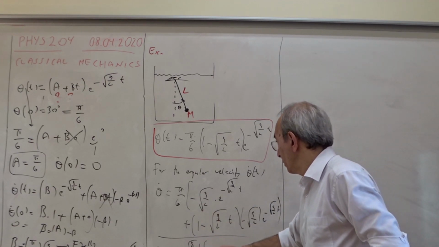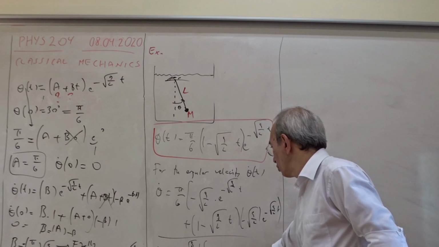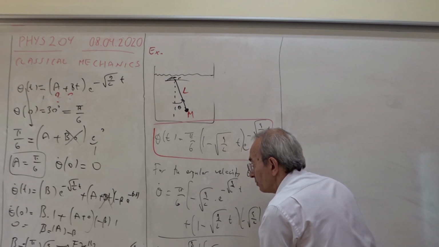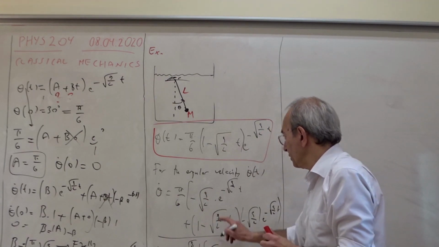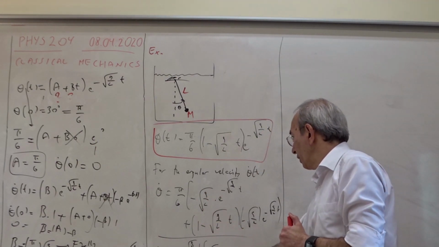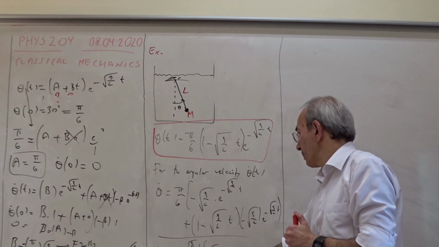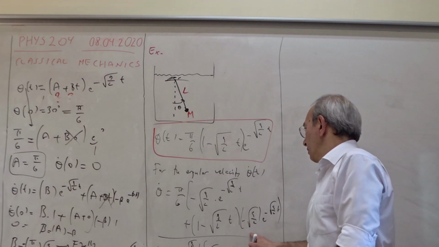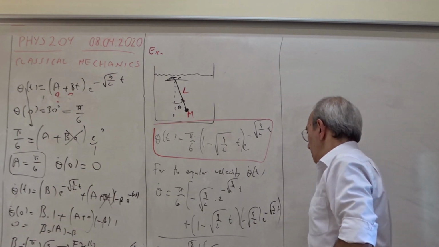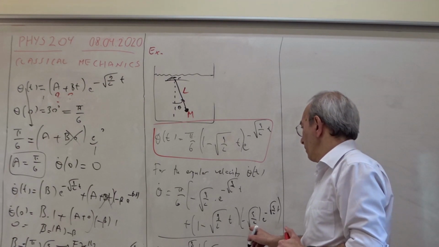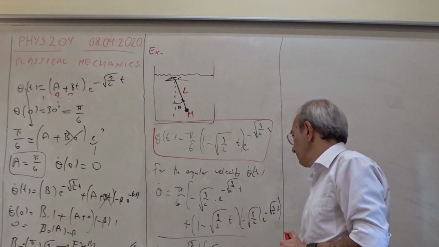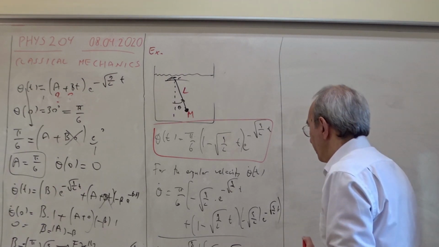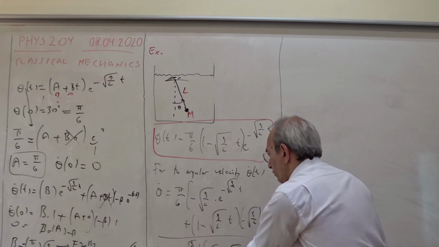We have just root g over L. So we have written this part, that part, remaining part is the middle one. Minus root g over L. Continue. Here we have plus another g over L. So from the first one we have that part.